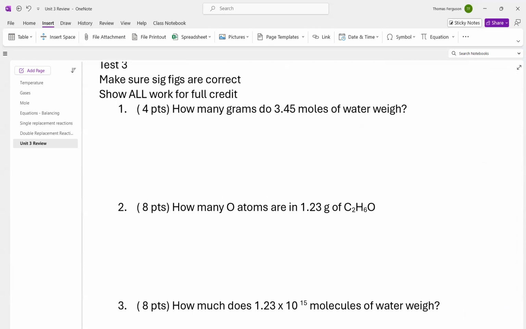Okay, how many grams are 3.45 moles of water? How much does it weigh? Okay, so what's given? Moles.